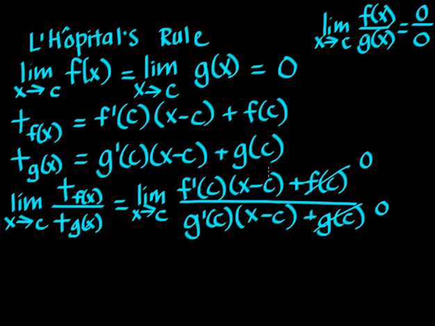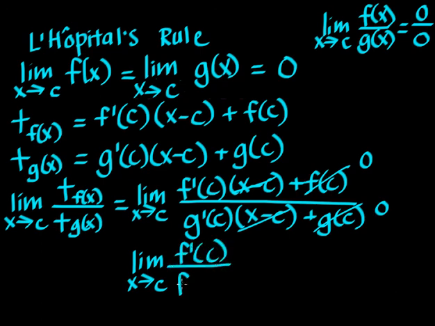Well, we know that this divided by this is equal to 1, so we can cancel these two out, and we are left with the limit as x approaches c of the derivative of f of x at point c divided by the derivative of g of x at point c.